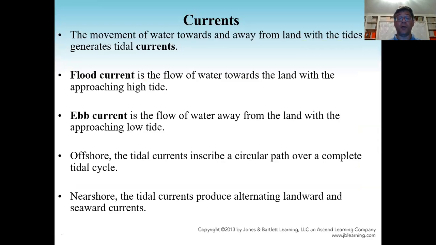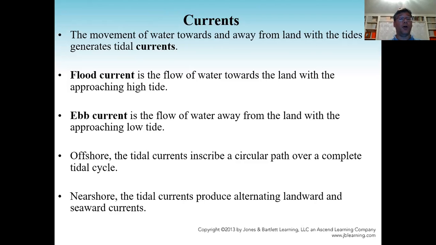As the tide goes around, of course, out in the open ocean, circling around, well, that gives you a bit of a current, but it's just going in circles, so it doesn't have too obvious a major effect. But as we get close to land, especially where there are channels, we can get distinctive currents coming in and out.